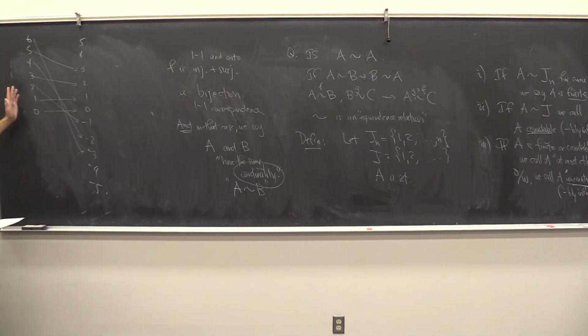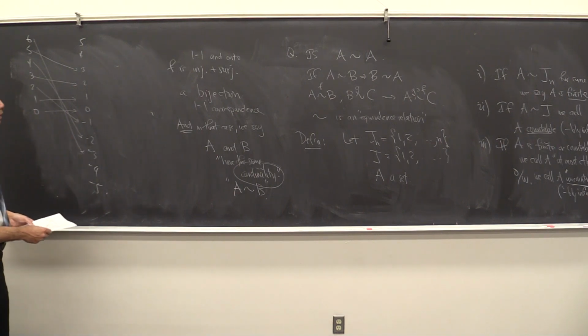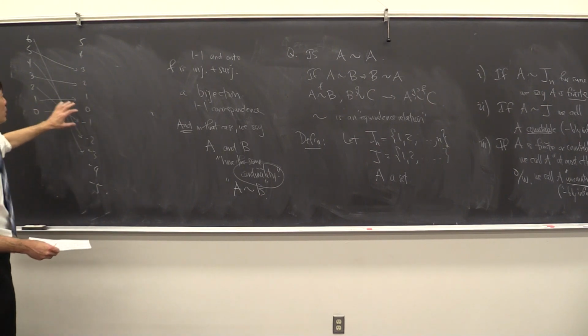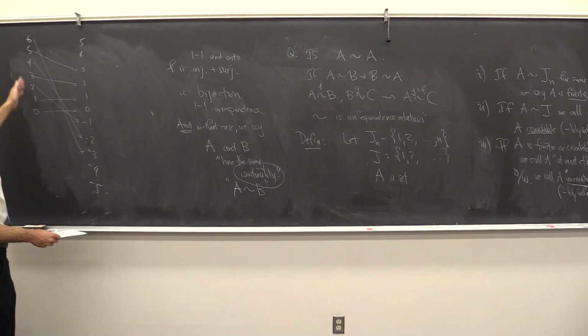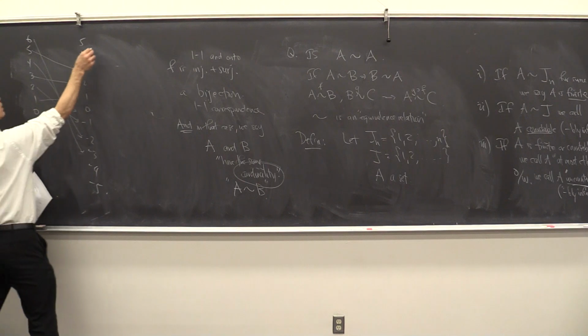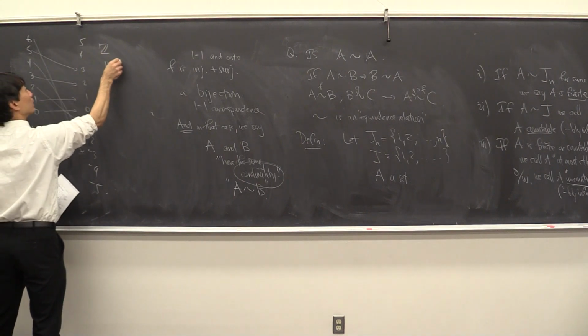That associates to every natural number an integer and vice versa, and just one. So it's a one-to-one onto map. So the integers are countable, because I was able to make a correspondence between them and the natural numbers. So Z is countable.